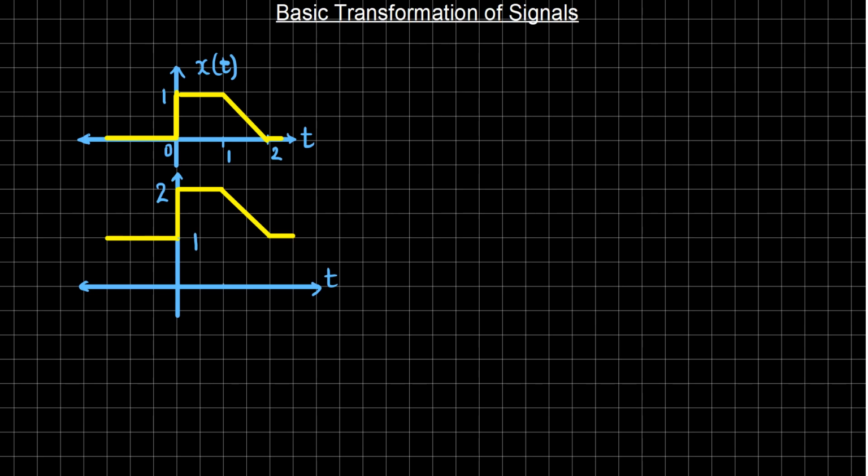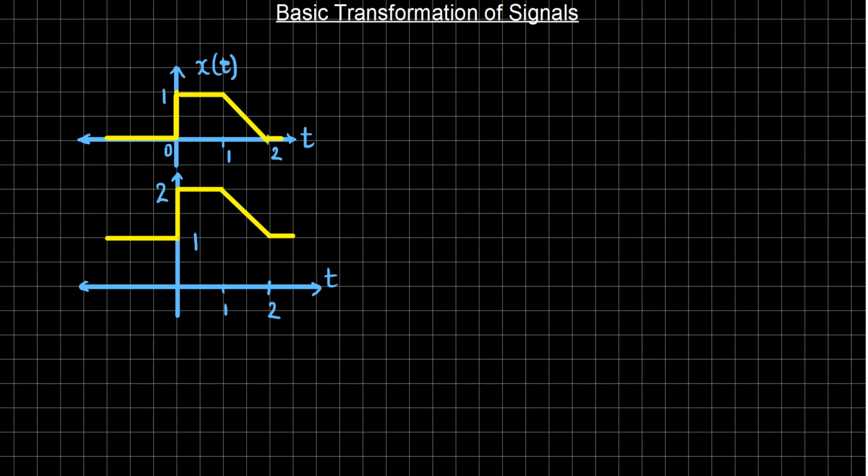The time axis is 1 here, 2, and so on. You may see that it is the same original signal which is being replicated here, except the DC shift of 1, a constant that is added to each of these values of the original signal.